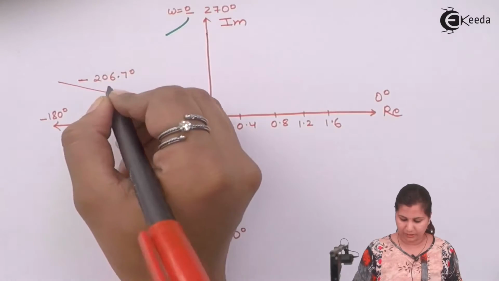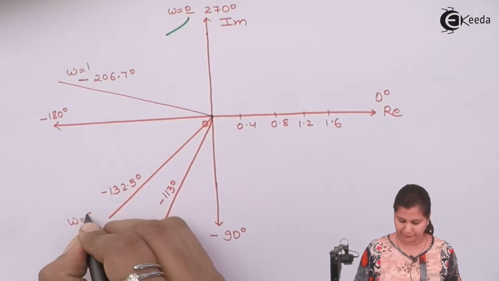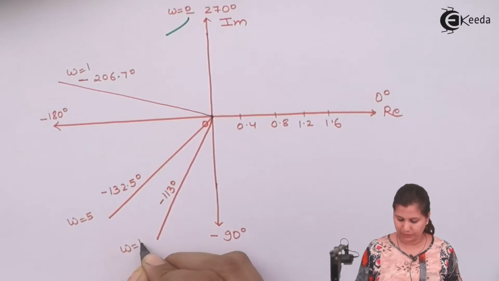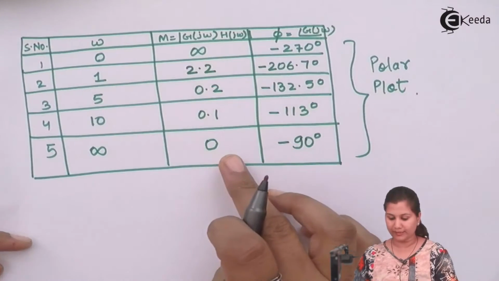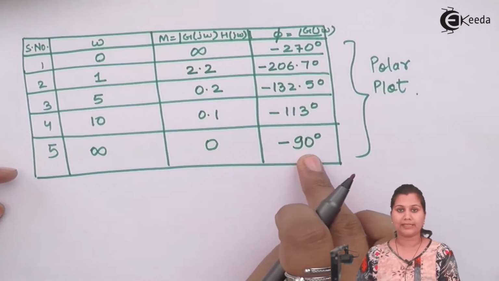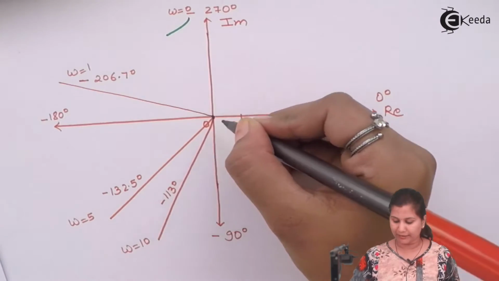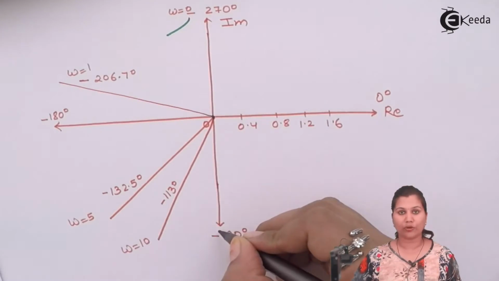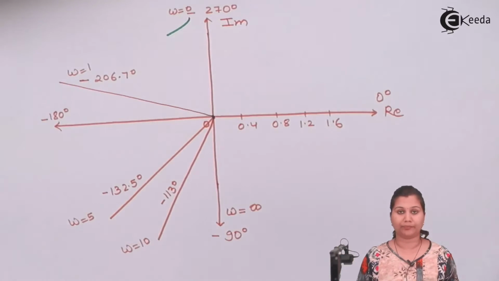This is for omega equals 1. This is for omega equals 5. Omega equals 10. Now for omega equals infinity, the magnitude is 0, but the phase angle is minus 90 degrees. So magnitude 0 will be here and phase angle minus 90 degrees is already here. So we can write omega equals infinity here.